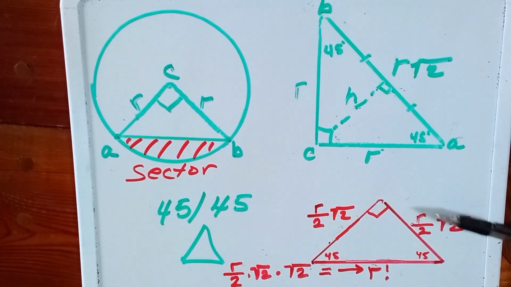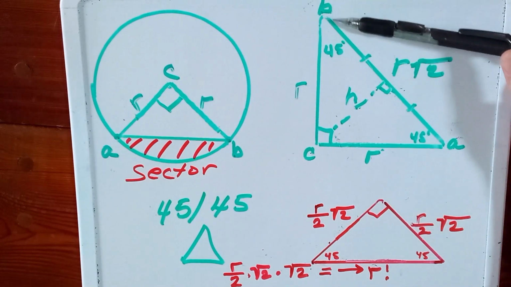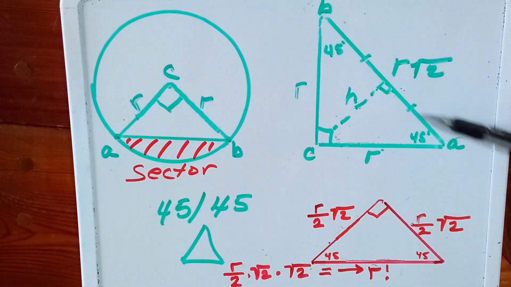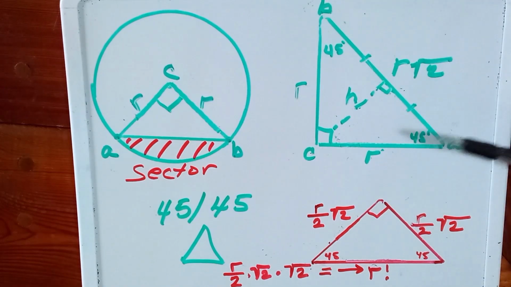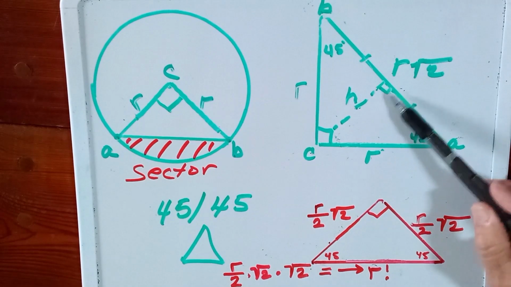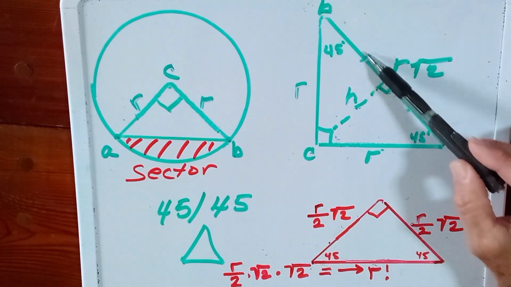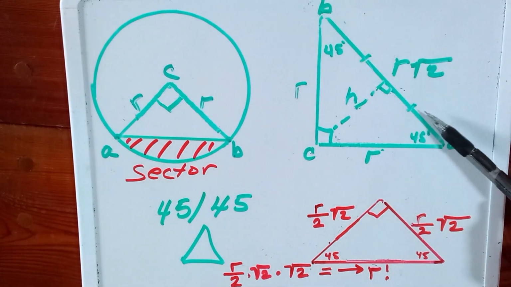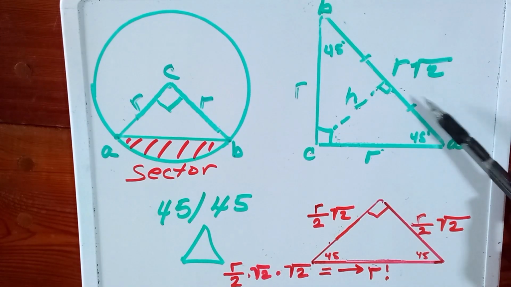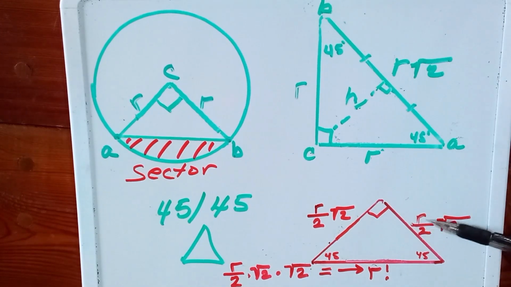Well, the easiest way to do this for the leg here is to take the hypotenuse of the original triangle and just divide it by 2, because if this is an angle bisector, these two legs are now equal.